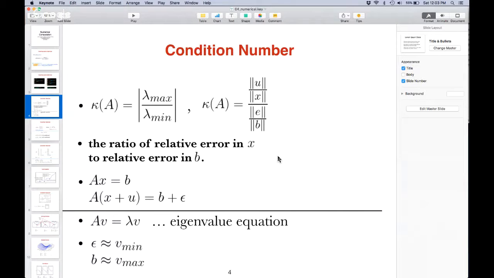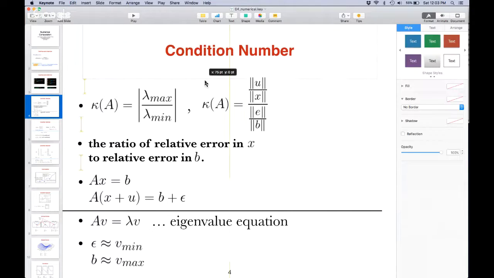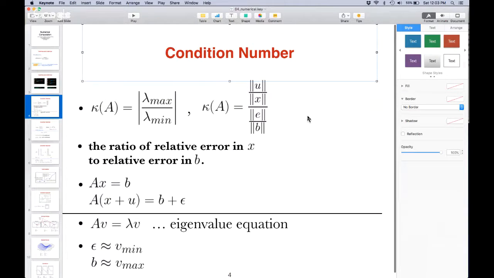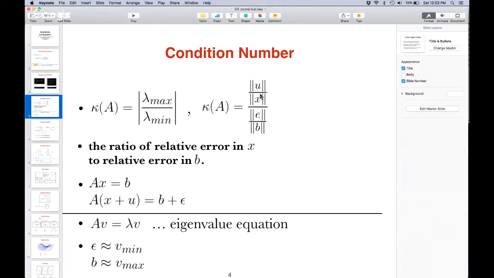It's a couple lines of derivation, but here the condition number is defined by this thing, the ratio of error with respect to the solution vector. These are all L2 norms, so it's a measure of the magnitude of your solution vector.